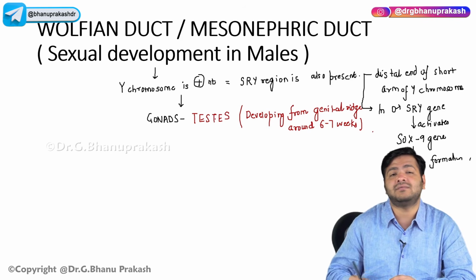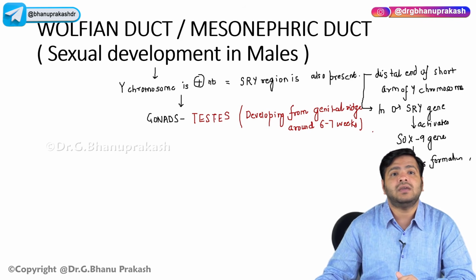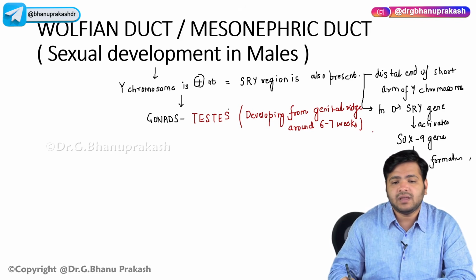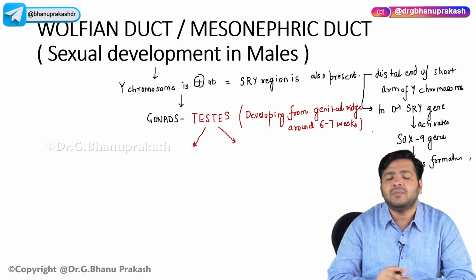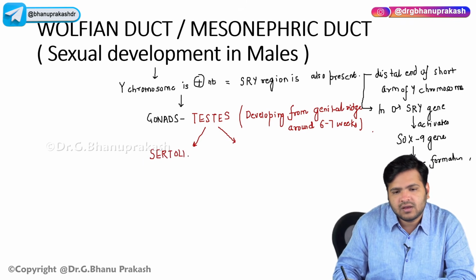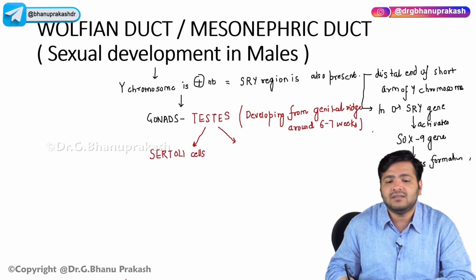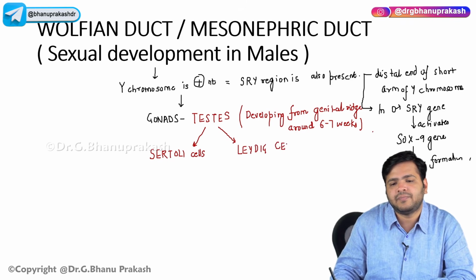I have already discussed this in the general embryology. The anatomical compartment contains the Sertoli cells, and the interstitial compartment contains the Leydig cells.